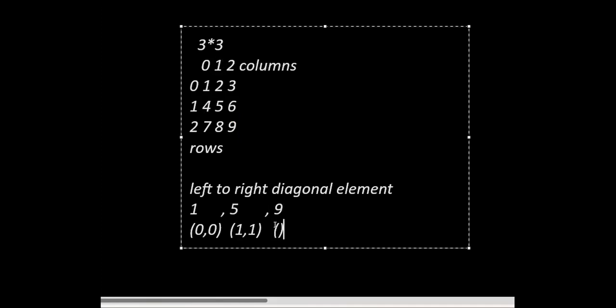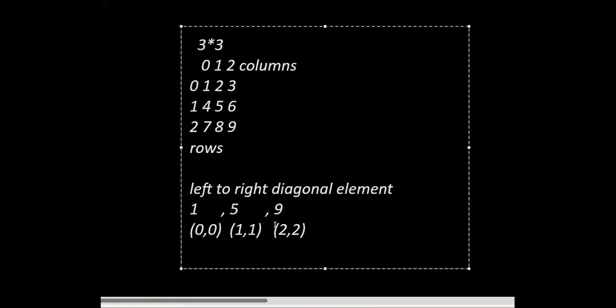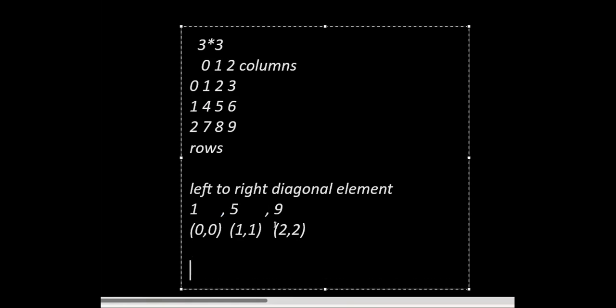So now you can tell me what I am doing here. From where to where I am iterating. I'm iterating from 0 till 2. I'm moving from 0 till 2. So let us visualize it in generalized way.